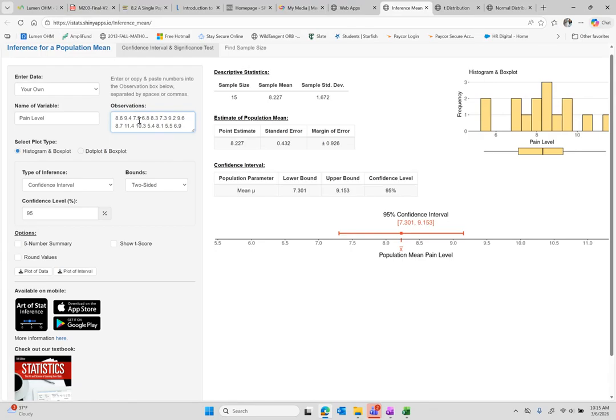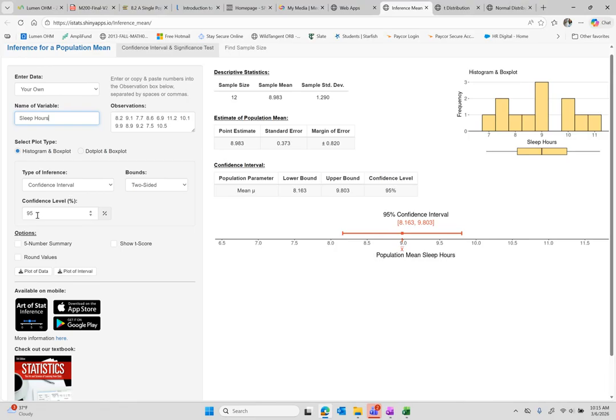these are sleep hours, and the confidence level is still 95. It will tell me that the sample size is indeed 12, the mean was 8.983, the standard deviation is 1.290, the point estimate is the sample mean, the standard error was the standard deviation divided by the square root of 12, and the margin of error was the product of those two.